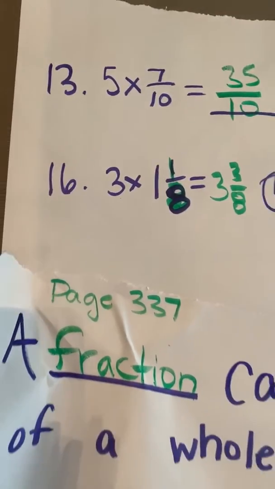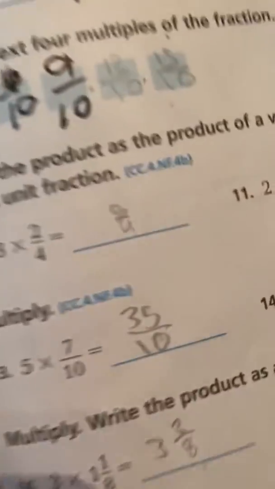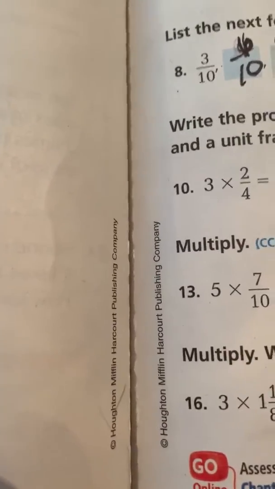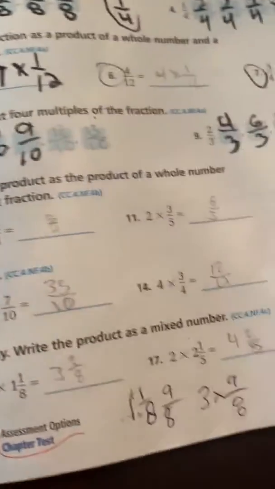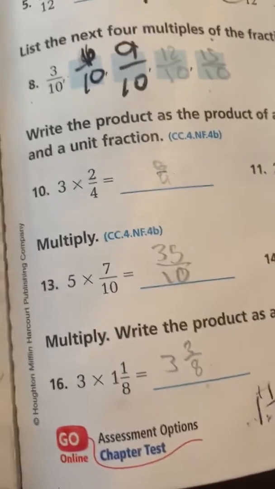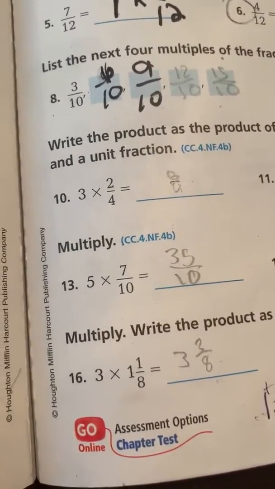Number 16 says 3 times 1 and 1/8. And what we would have you do there is multiply, actually, for this one, you could change that to the mixed number. You change 1 and 1/8 to 8 times 1 plus 1 is 9/8. And then you would multiply 3 times 9/8. 3 times 9 is 27/8.